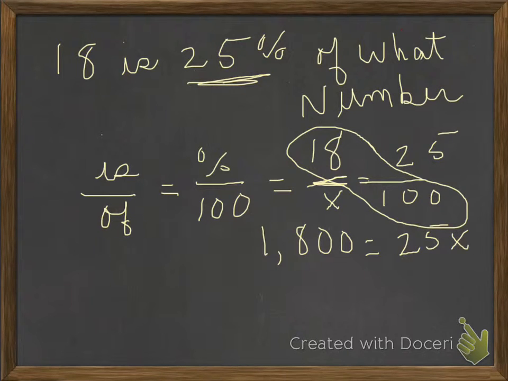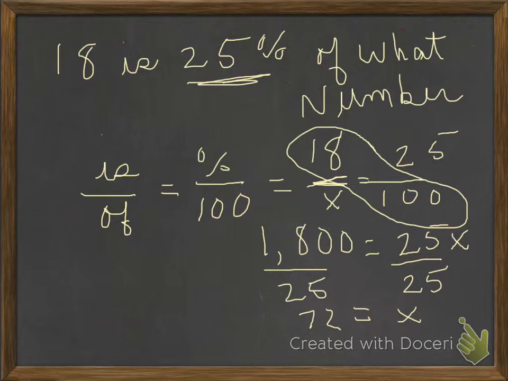So we want to know what the x is. So what do we do on both sides? Yes, divide by 25. And if you divide that out, you'll find that x is equal to 72. So the number we're looking for is 72.